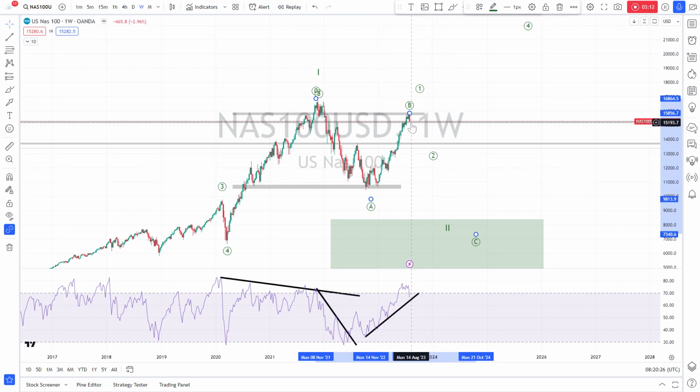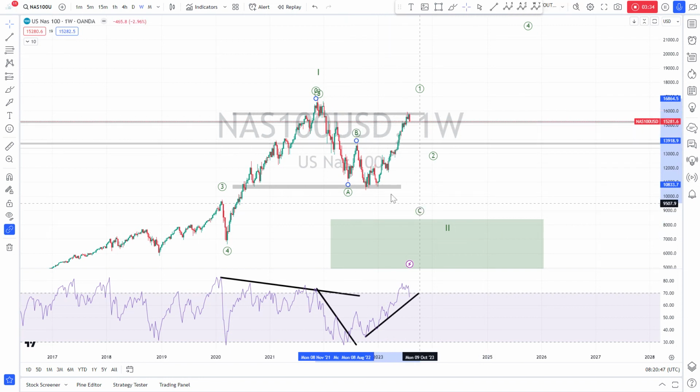Then this wave B would be also an ABC, something like this: A, B, C as a wave B, and then we go down in 5 as a wave C: 1, 2, 3, 4, 5, like this. So that's definitely possible.